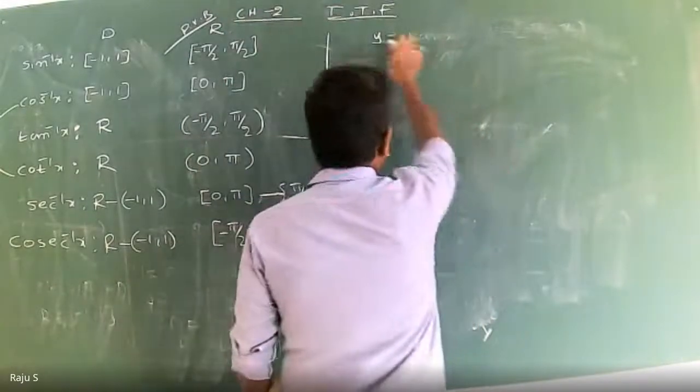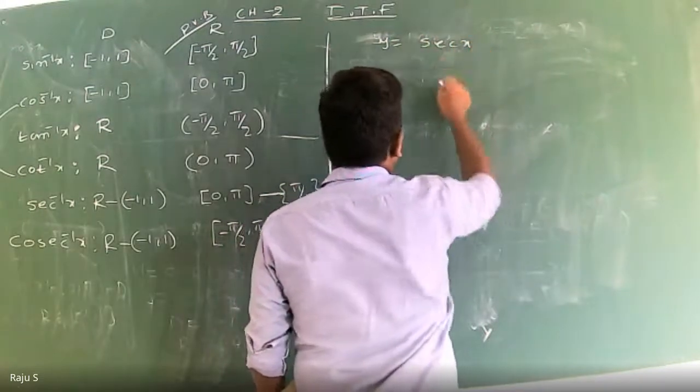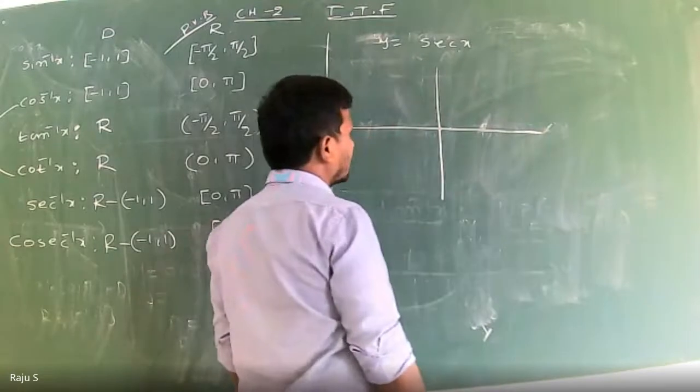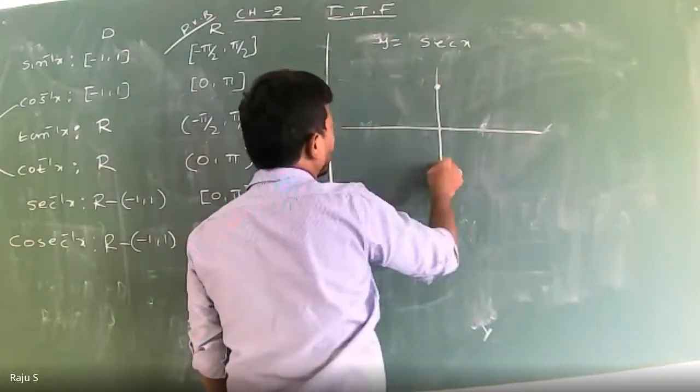Take any function like secant x. What is the graphical representation of secant x? So we are getting it like this.